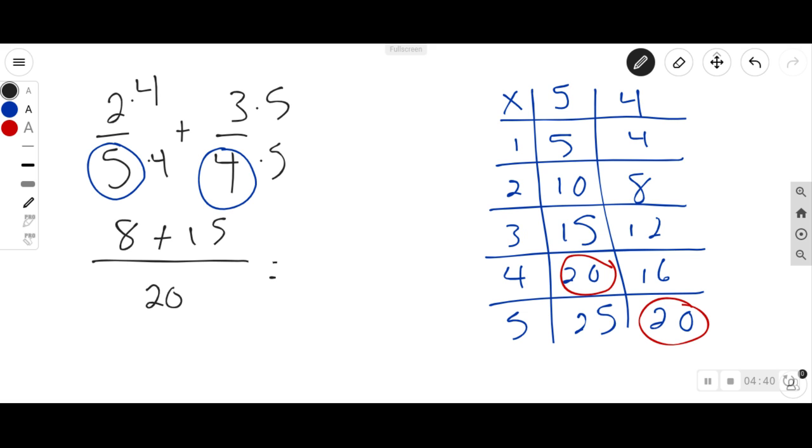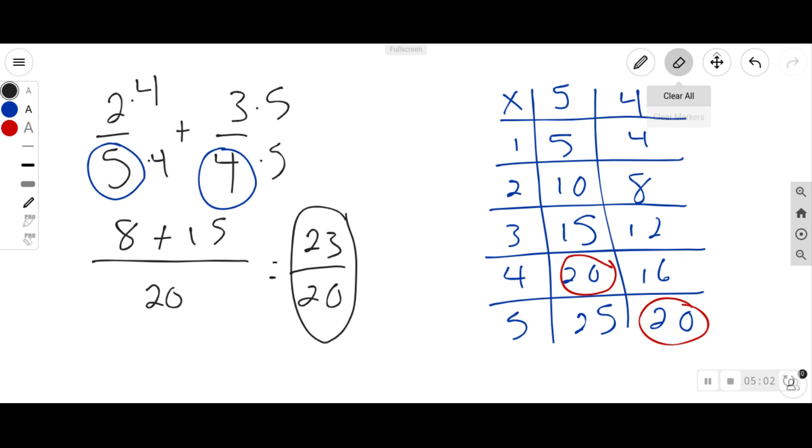Well, 8 plus 15 is going to give us 23 over 20. 23 and 20 are not reducible. They can't simplify. So that's our improper solution. That's the answer to this.